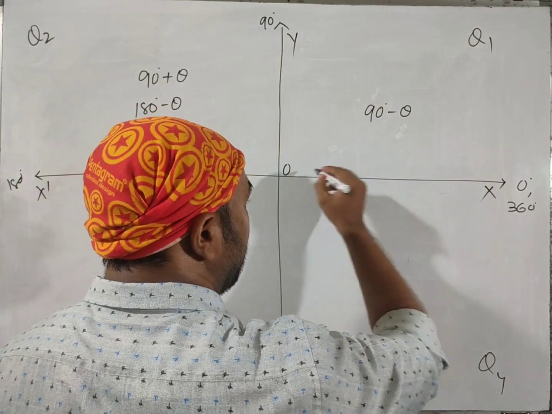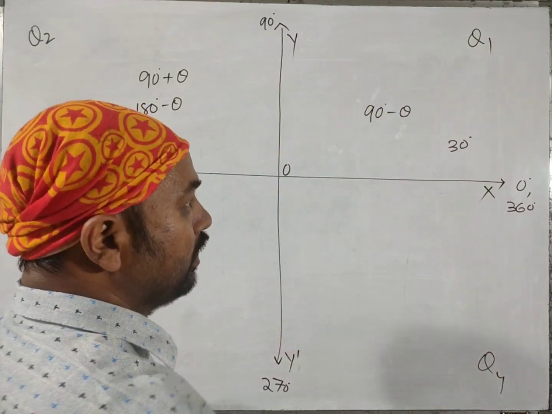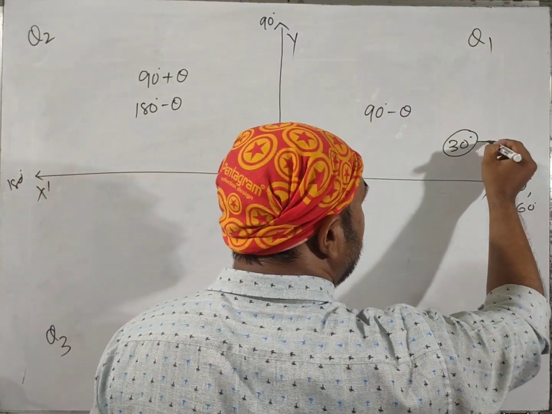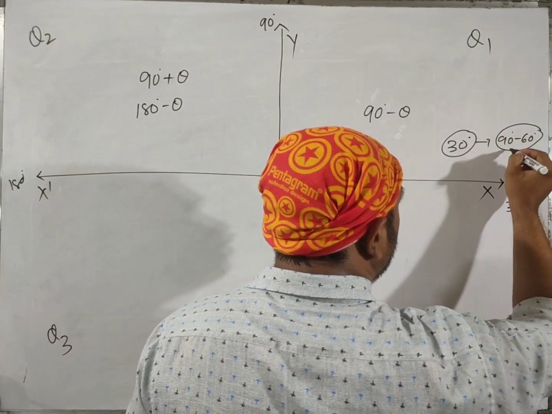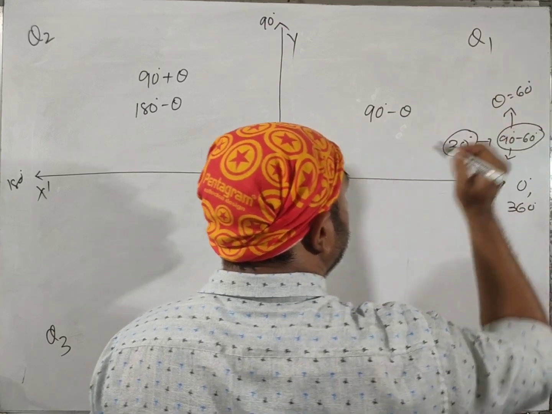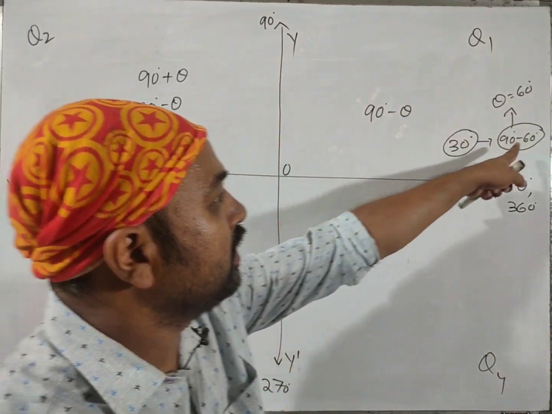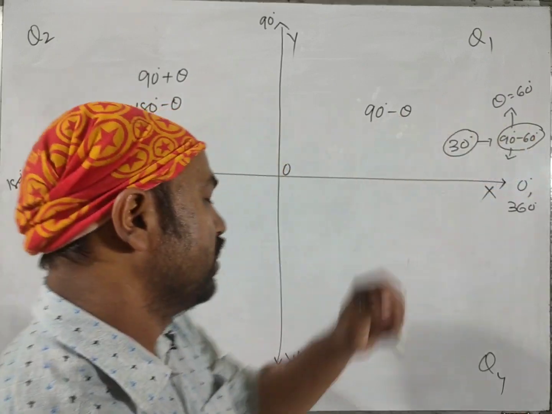Suppose there is an angle 30 degree. 30 degree will lie in the first quadrant. Then 30 degree can be expressed in the form of 90 degree minus 60 degree. So here it is expressed in the form of 90 degree minus theta, and here theta is equal to 60 degree.